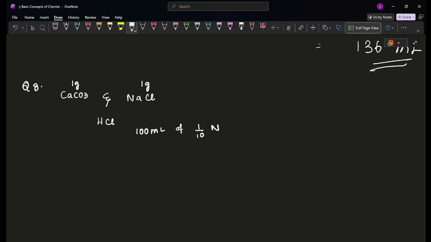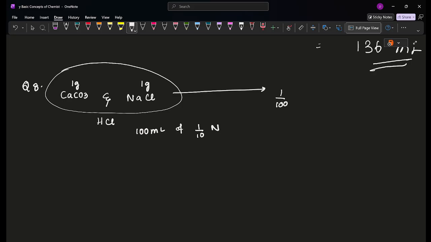So shall we find the moles? Okay, first we need to find the molarity of the resulting mixture. So how much is the volume? So let's do that. One by 100.